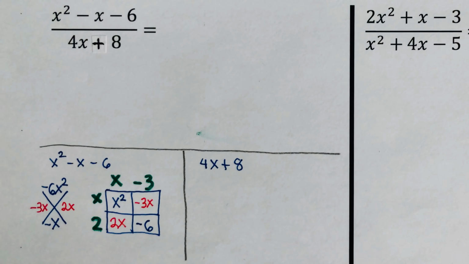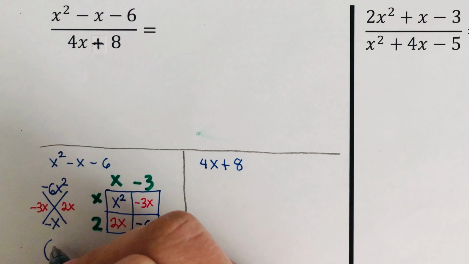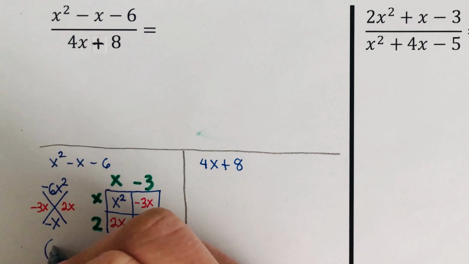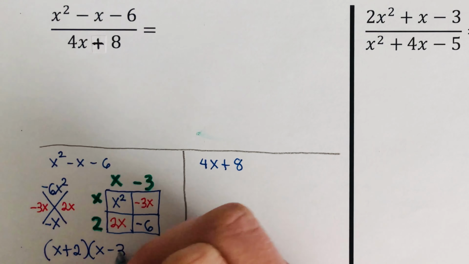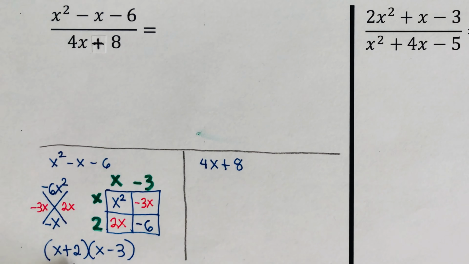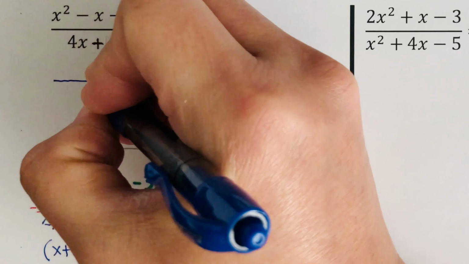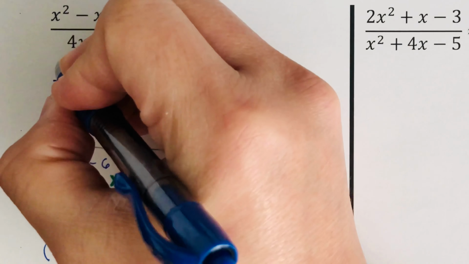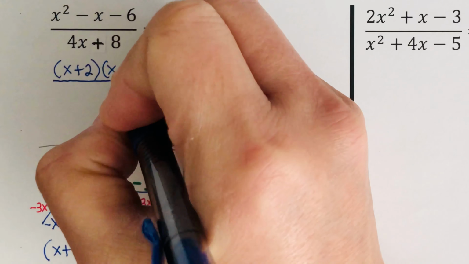So the factors for the numerator would be x plus 2, and the other one is x minus 3. So we've broken this numerator into its factors, which are x plus 2 and x minus 3.